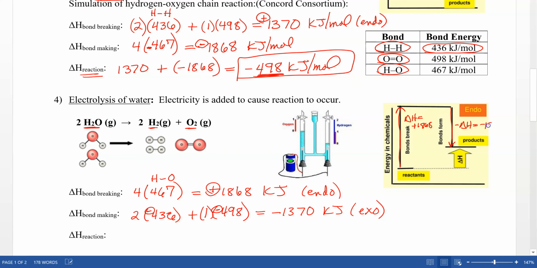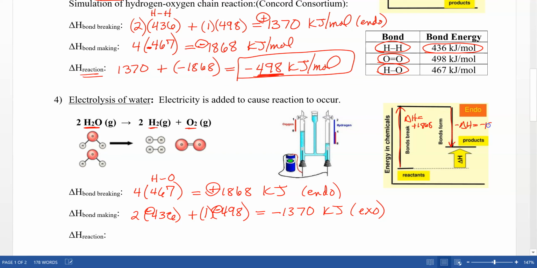These have the stronger bonds. You can think of the molecules as being more stable. And then you're forming products that have weaker bonds, or you could say that they are less stable molecules.